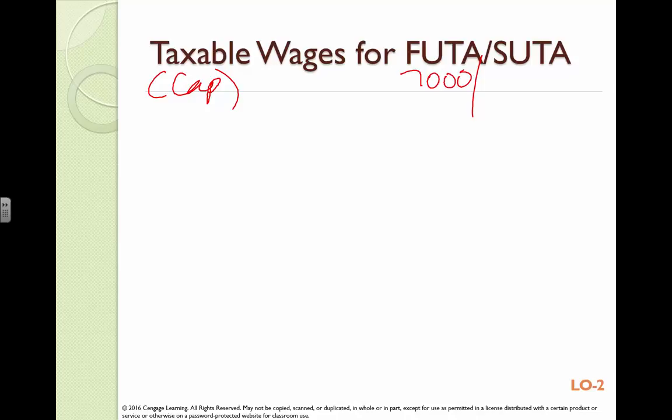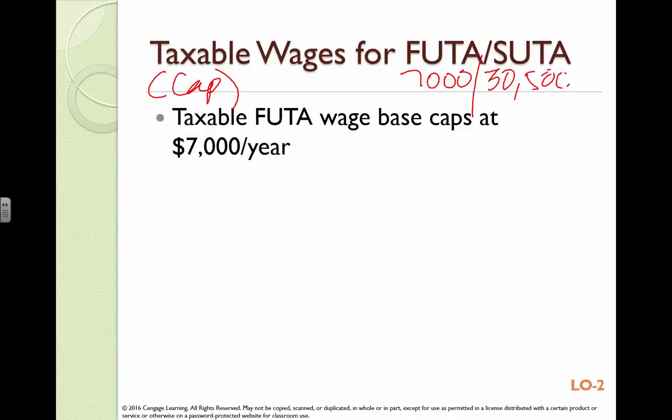Is it 30,000 even? 30,500. I don't even bother memorizing them anymore because they just change every year. I mean, I shouldn't say that. I've got a general idea, but FUTA has stayed the same forever. And OASDI changes every year and SUTA changes every year. And yeah, so those are our wage bases.